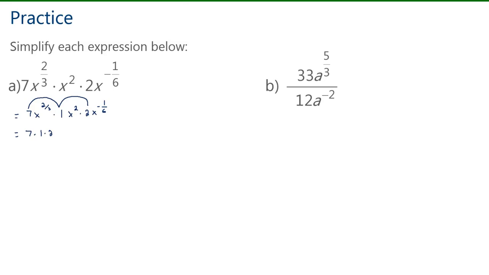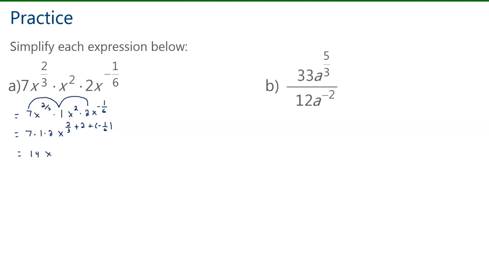Let's now work with the exponents for x. So because they're multiplied, we add the exponents. So that'll be x to the 2/3 plus the 2, and then plus a negative 1/6. So we'll have 7 times 1 times 2, which is 14. And now we'll have x to the exponent.